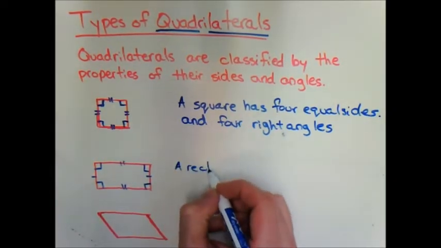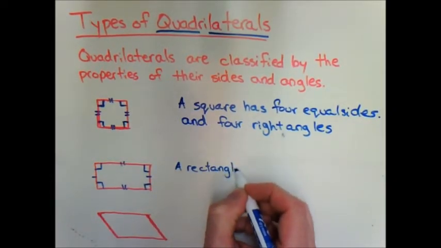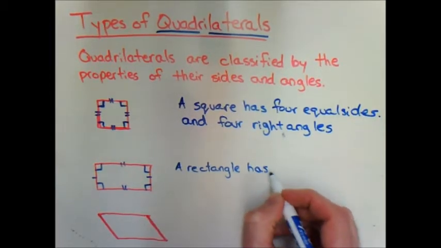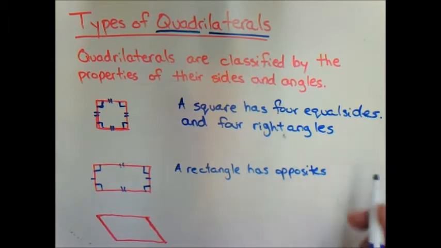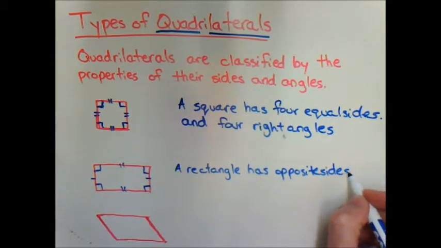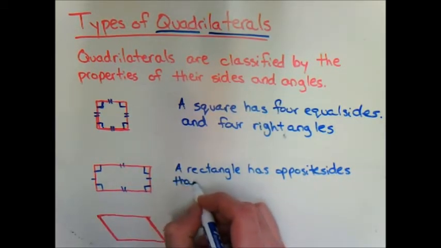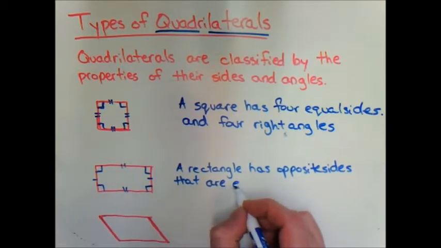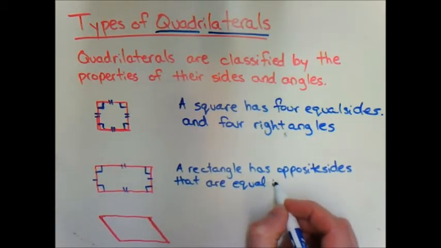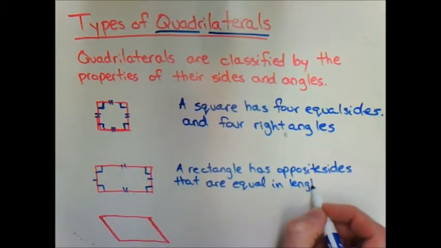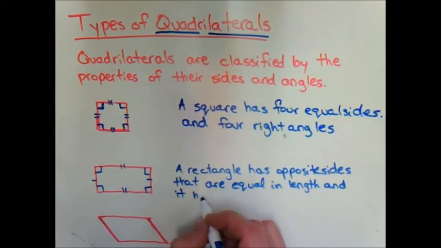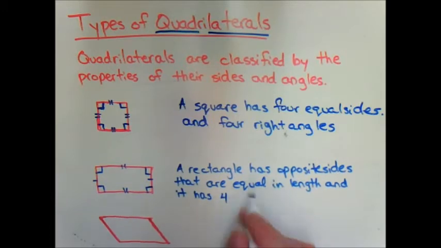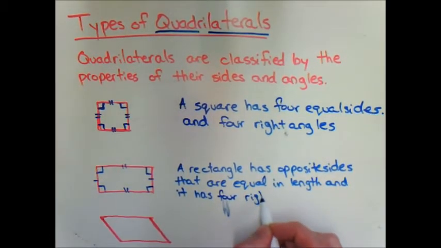A rectangle has opposite sides that are equal in length, and it has 4 right angles.